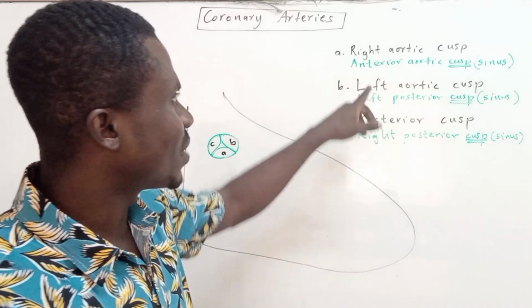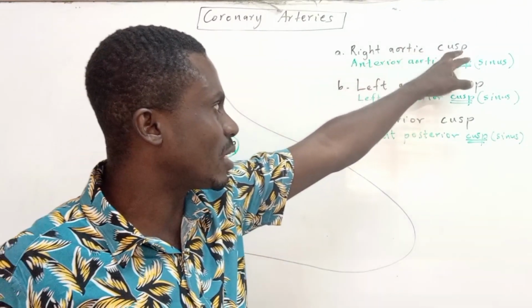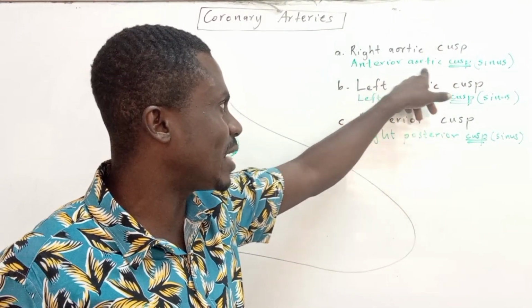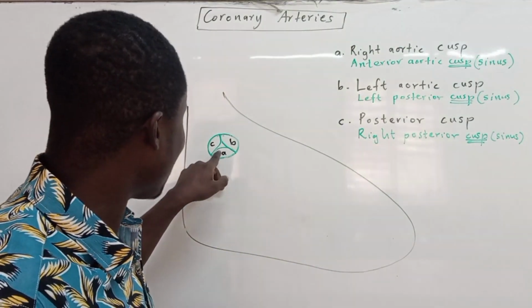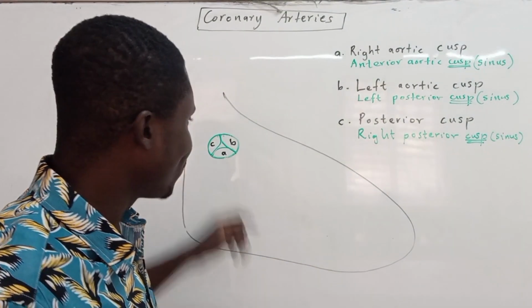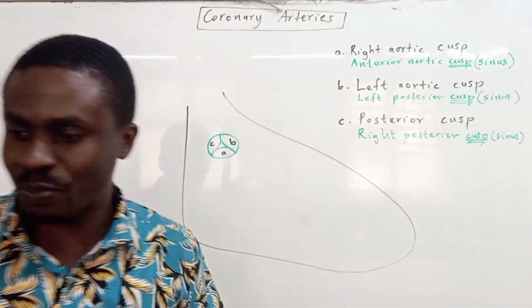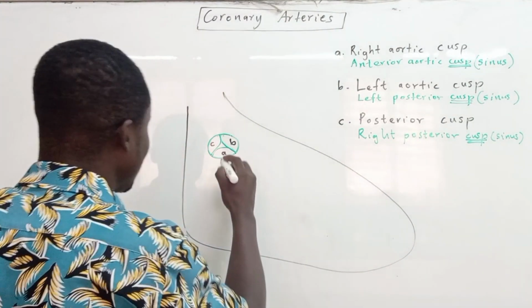Now remember something. From this right aortic sinus, or this anterior aortic sinus we are talking about, the sinus above it is where the artery is supposed to come out from. And which artery are we talking about?